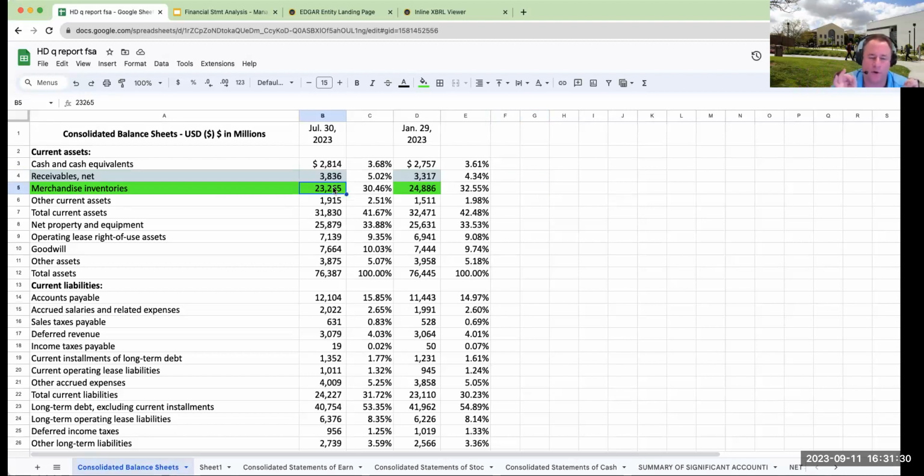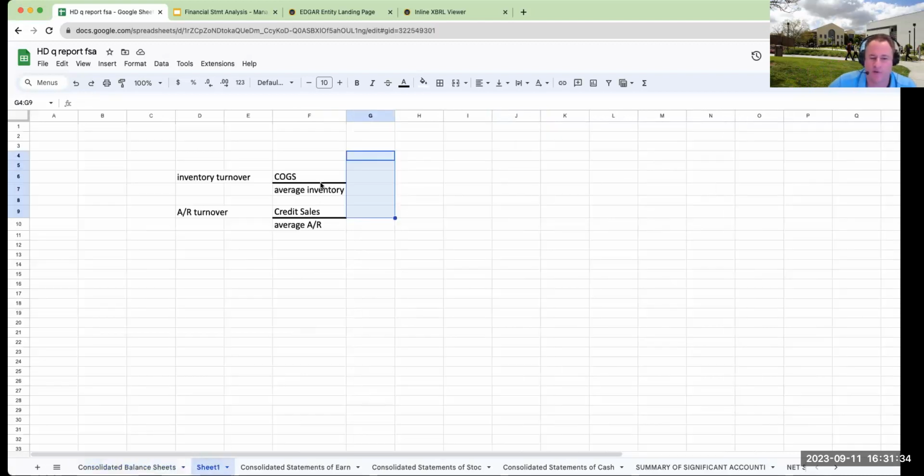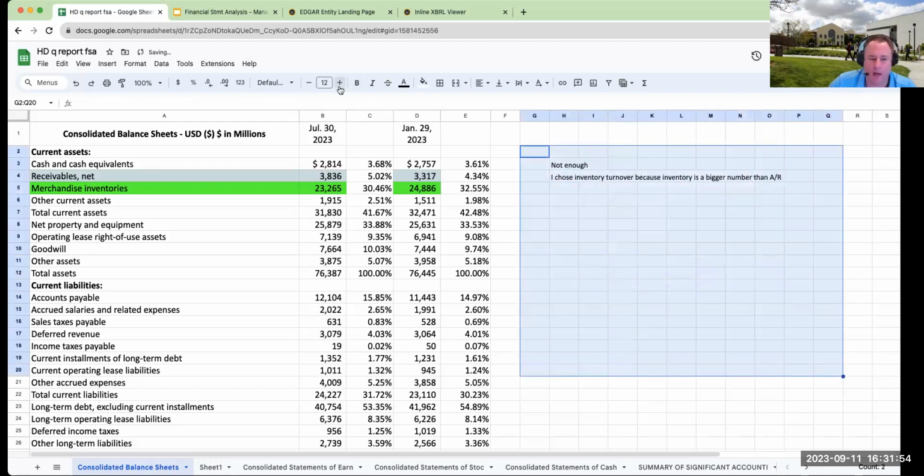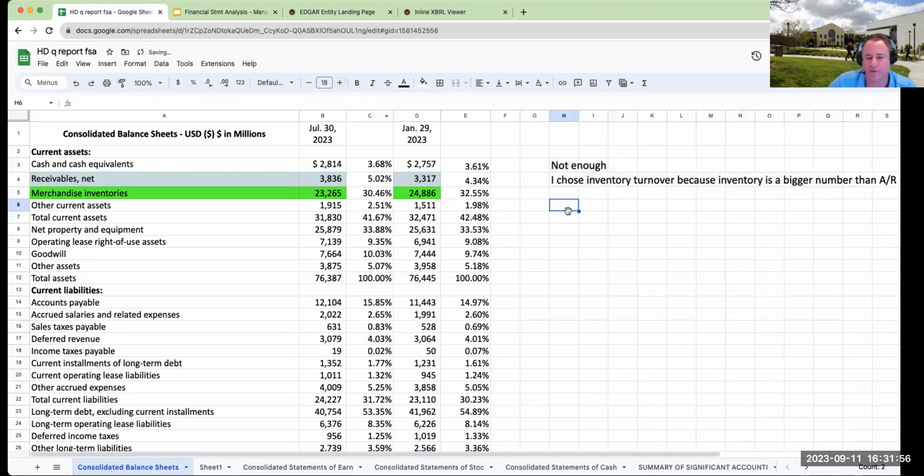But when you're asked why you are choosing these two ratios, it's not enough to say, oh, I chose inventory turnover because inventory is a bigger number than accounts receivable. That's not going to get you very far in my class.